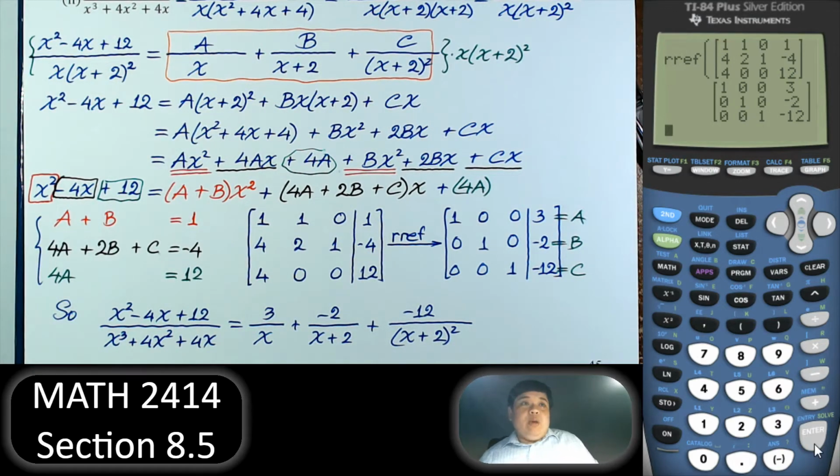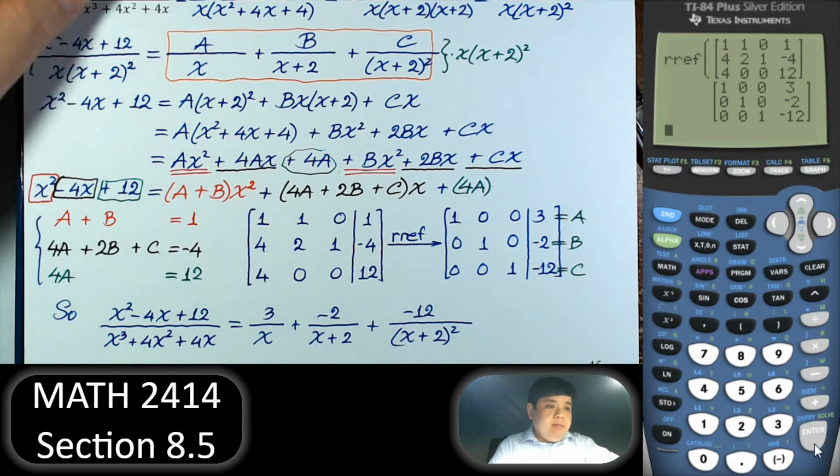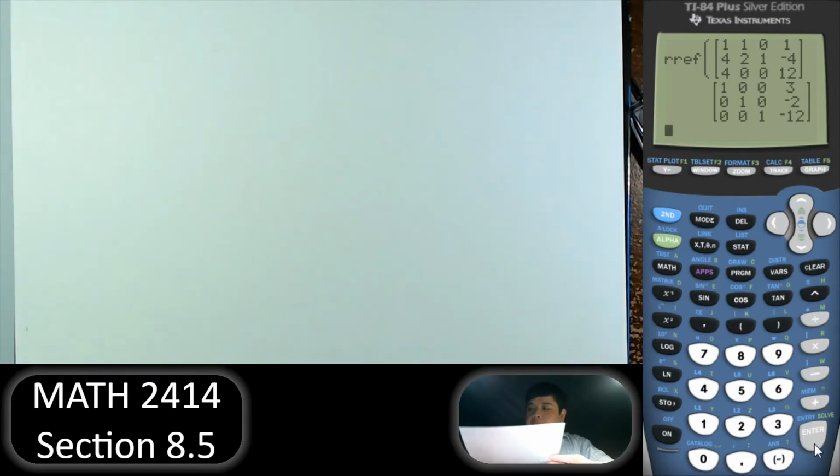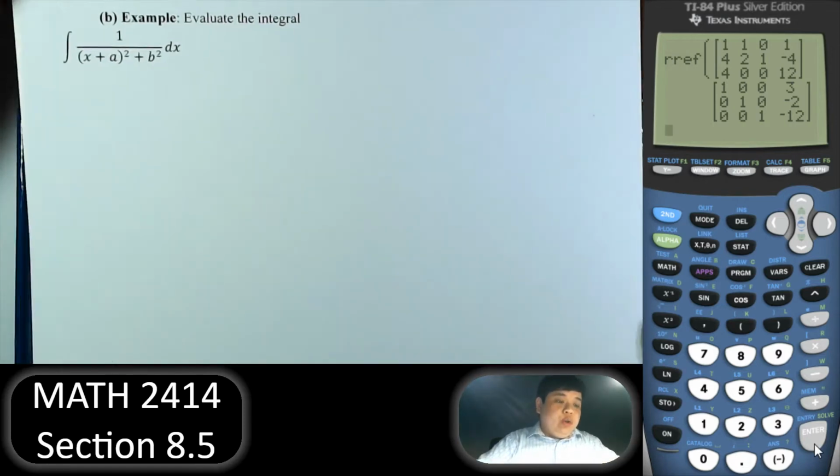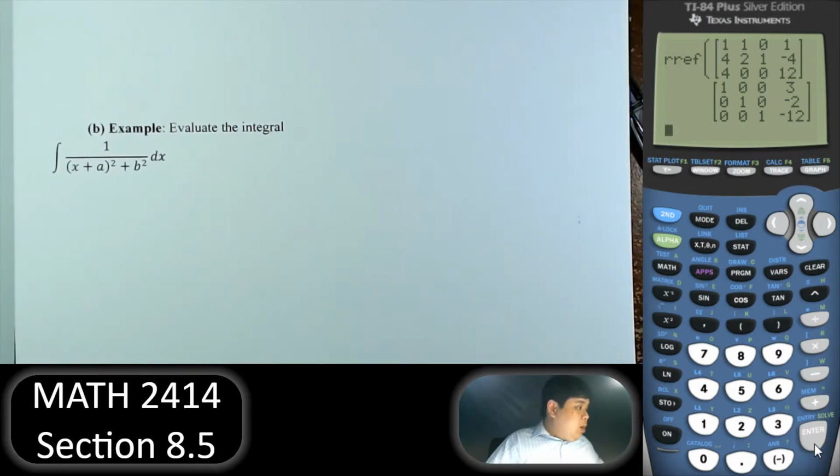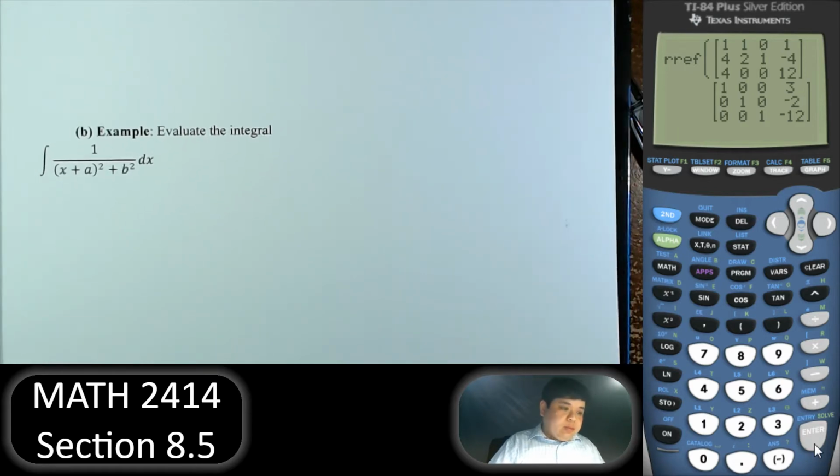Right, so that is the partial fraction. It's not difficult, it's just a bit tedious. Right. Next, we're going to do the integral. But before we do the integral, we have to do some very simple integrals first.